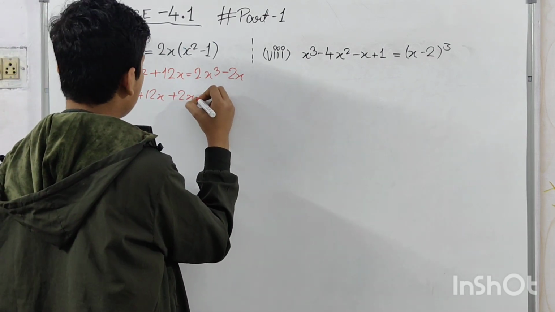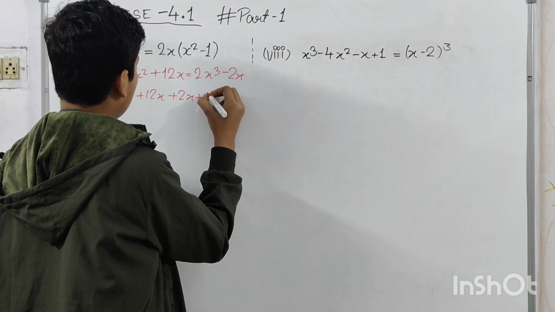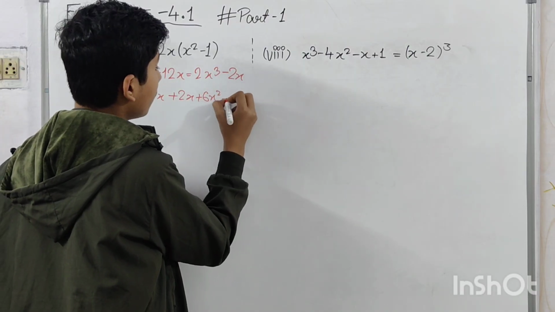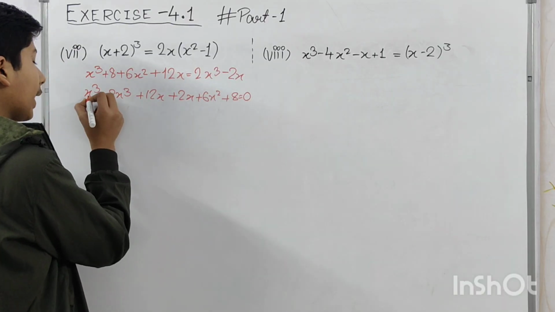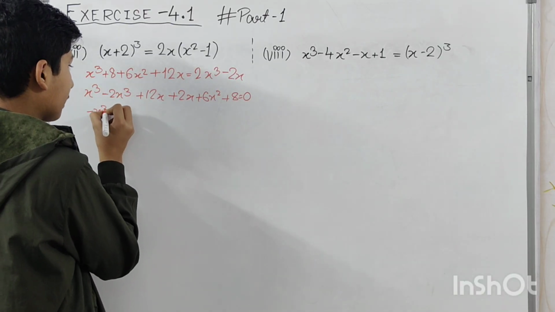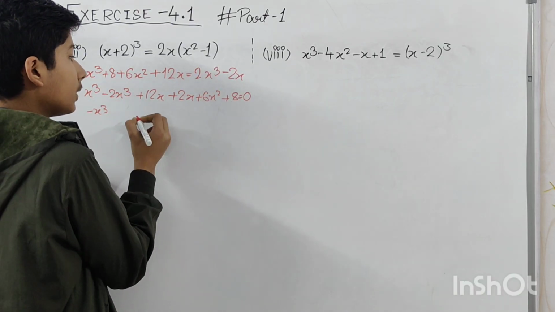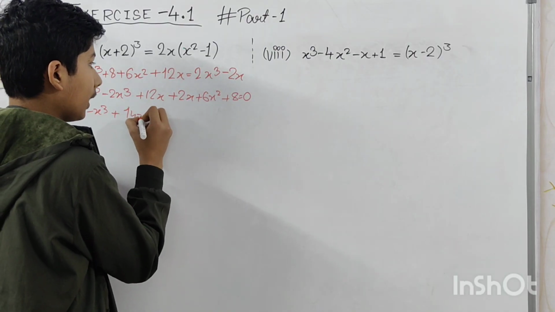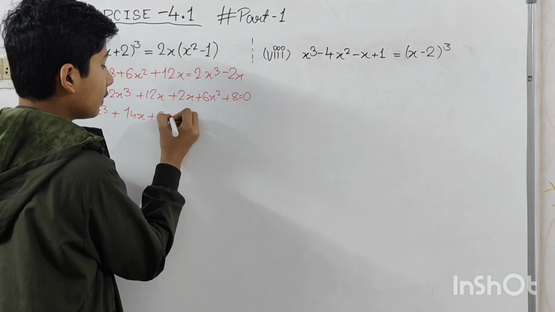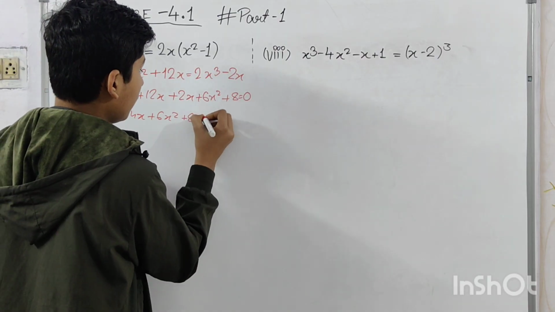Then 6x square plus 8 equal to 0. Let's solve this. So x cube minus 2x cube is minus x cube, 6x square, so plus 14x plus 6x square plus 8 equal to 0.